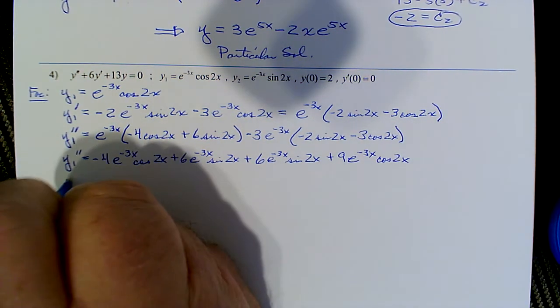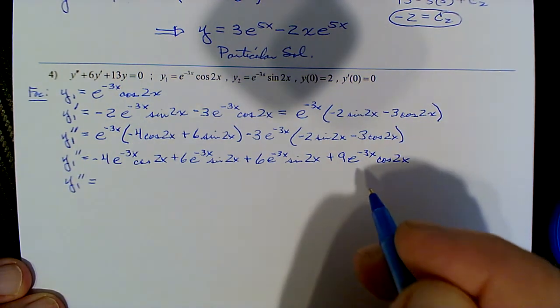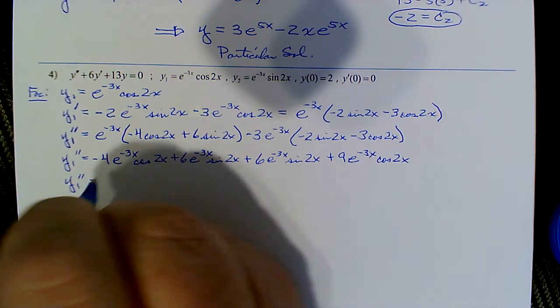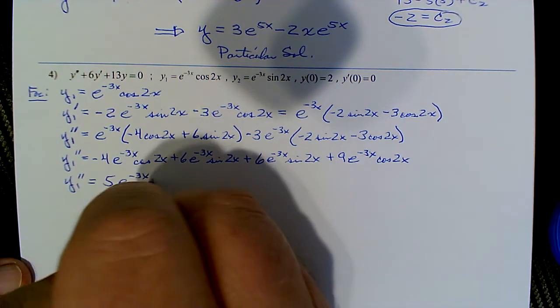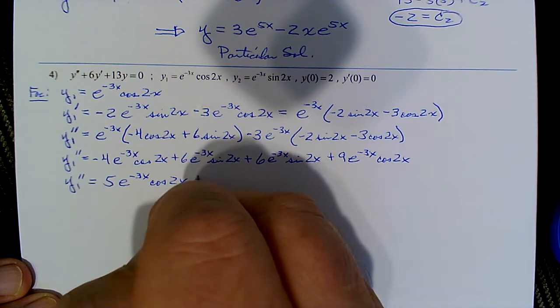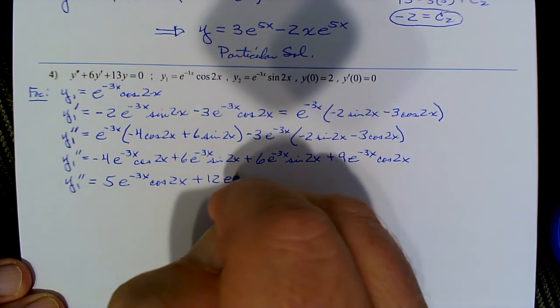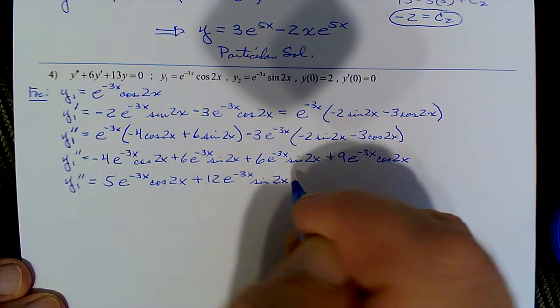So finally, combining like terms, there's 9 and negative 4 is 5 e to the negative 3x cosine 2x, and 12 e to the negative 3x sine of 2x.